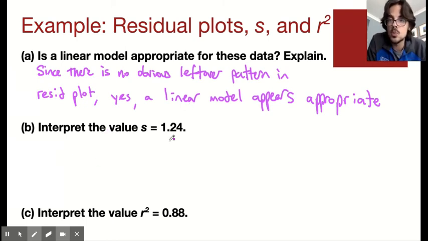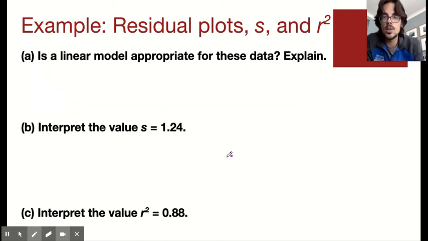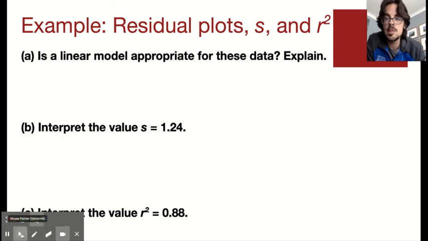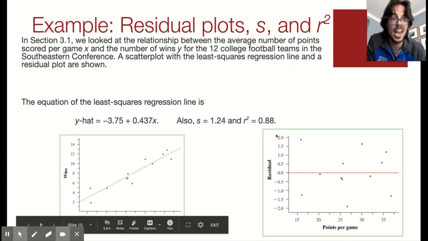The next thing we have to do is interpret S and interpret R squared. So when we look at S, remember, S measures your typical prediction error, the average size of residuals, basically. Looking back at my scatter plot right here, I have some positive residuals like this guy. I have some negative residuals like this guy. Those tell you how far off your line is.